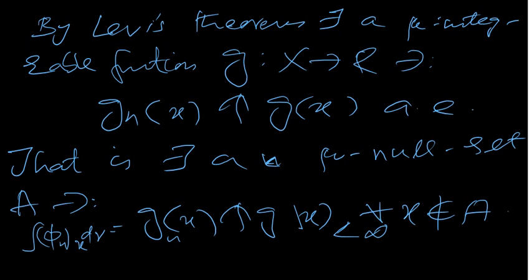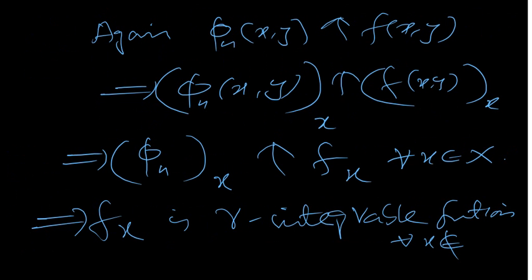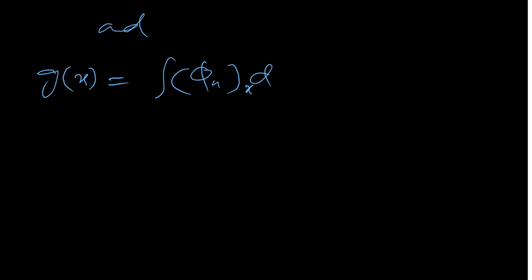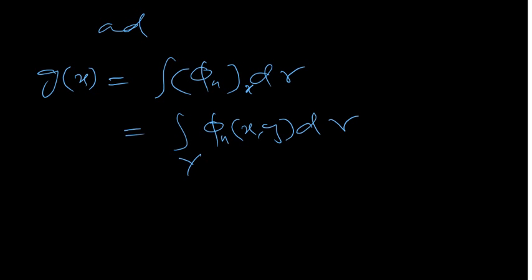So that means by Levy's theorem again, f_x is nu integrable, for all x not in E. And this g(x), which by definition is equal to the integral of phi_n x d nu, that's the integral over the y space of phi_n(x,y) d nu.